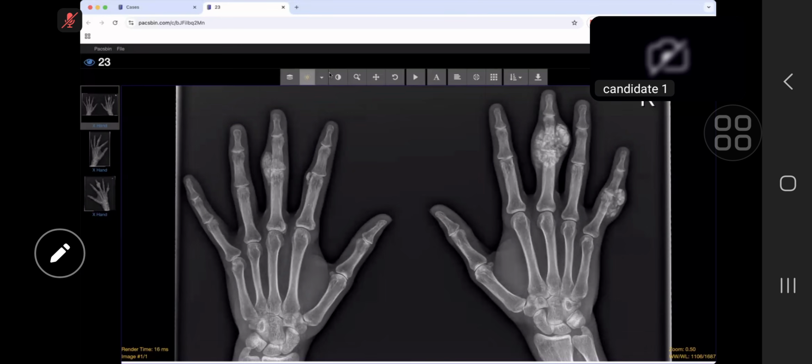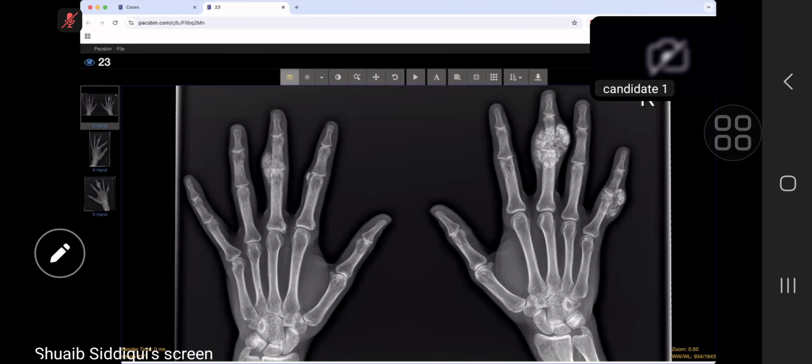They form a subcutaneous swelling, and similar calcifications are also noted around the joints, and similar smaller calcific densities are also noted around the index finger of the right hand.